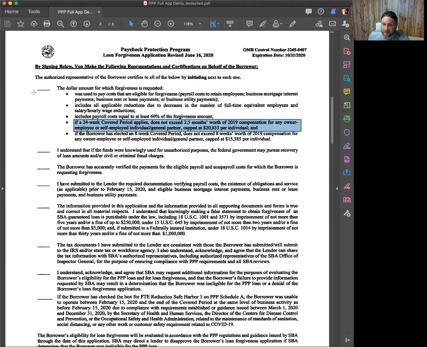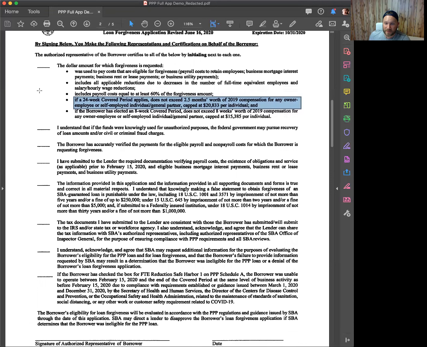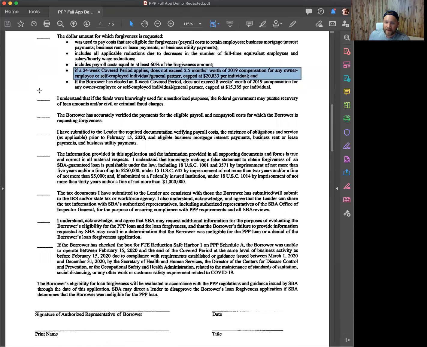Generally speaking, these are warranties and certifications that you are doing what you said you would, that you're spending the money on the things you say you will, and that you understand that falsely certifying to any of this or falsely providing made up numbers could lead to imprisonment, fines of up to 250K, and in some cases having the amount paid back greater than what you received, all right.